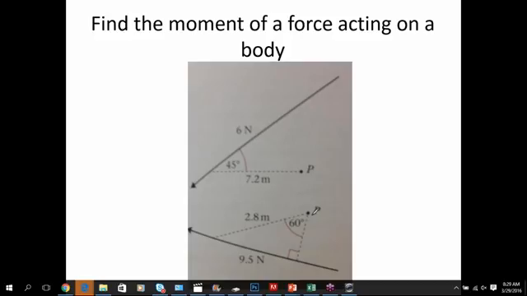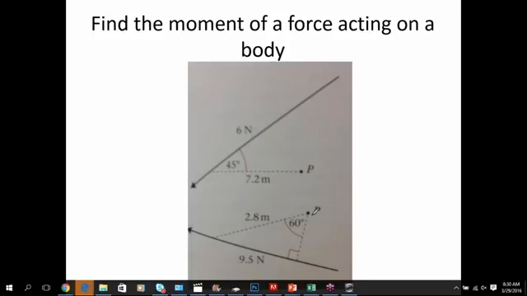Now we want to know this distance here. How do you calculate this distance here? What did you say? No, but how did you calculate it? I used cos. Good. Well done. So the adjacent side, so it's 2.8 cos of 60, and then you multiply it by the force.